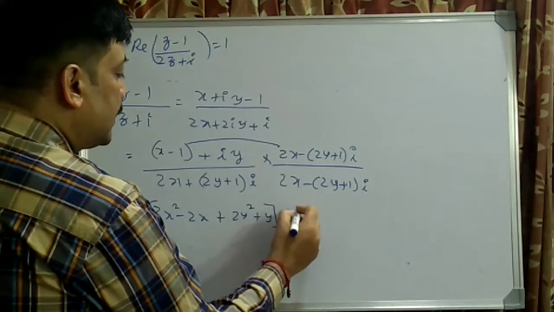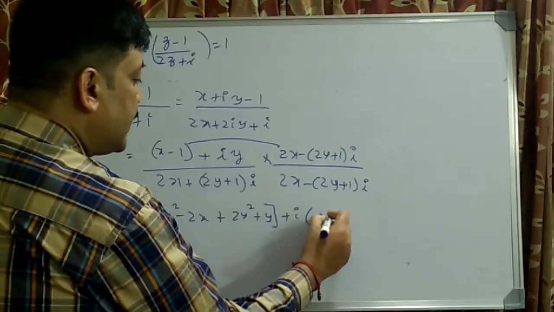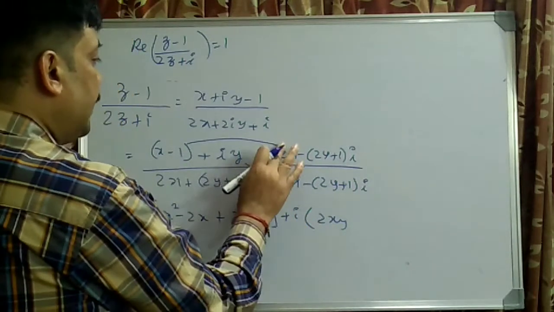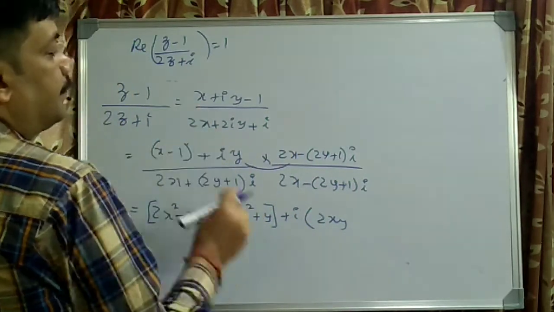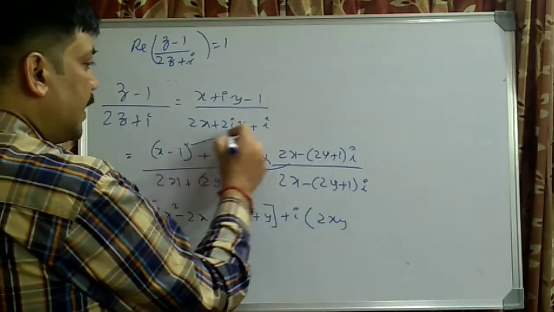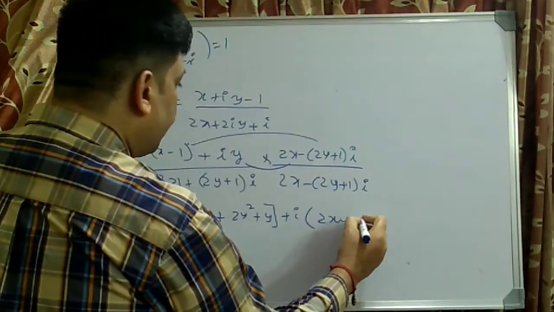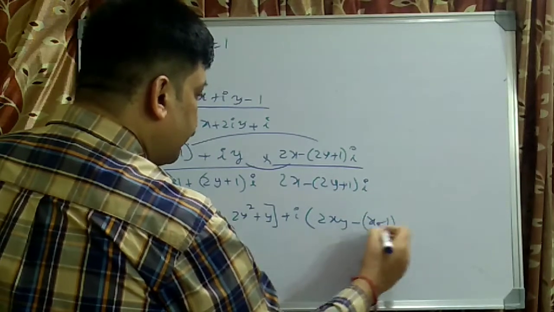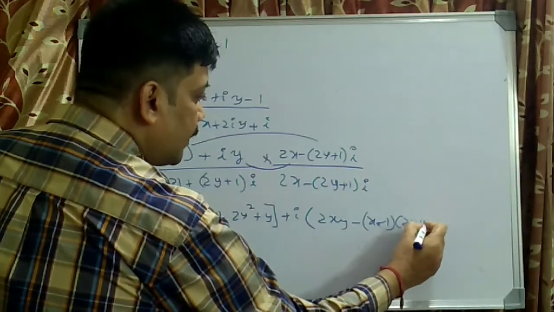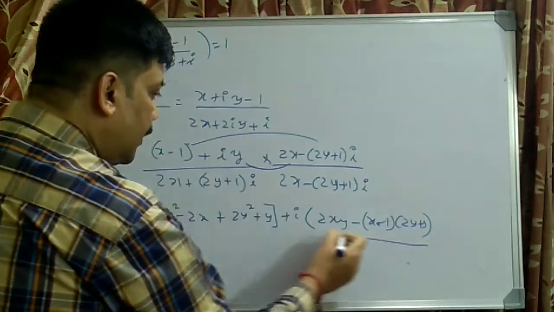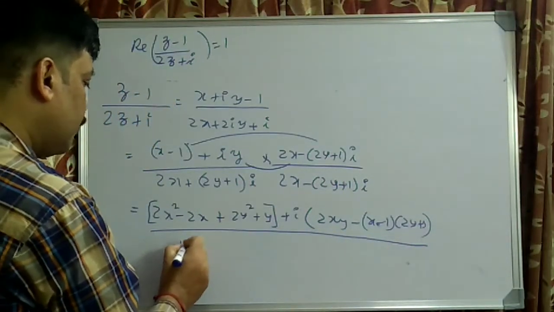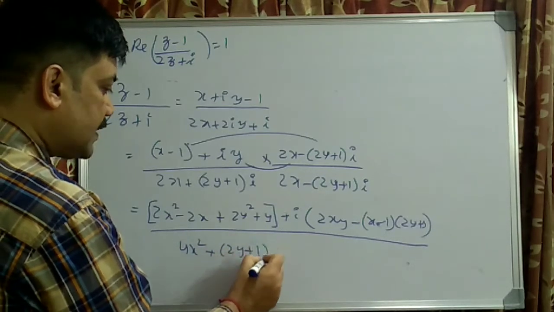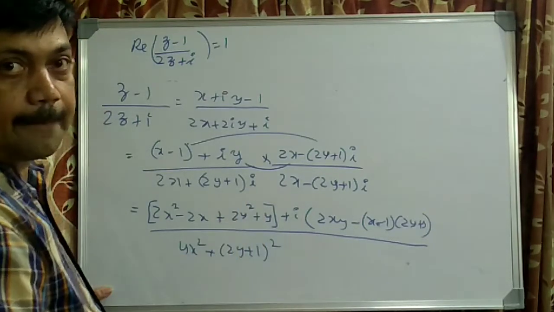Now then plus i into, now you can see these two are multiplied with i, 2xy. This is the i term, and the second term is minus of (x minus 1) into (2y plus 1), right? Total divided by 4x square plus (2y plus 1) whole square.